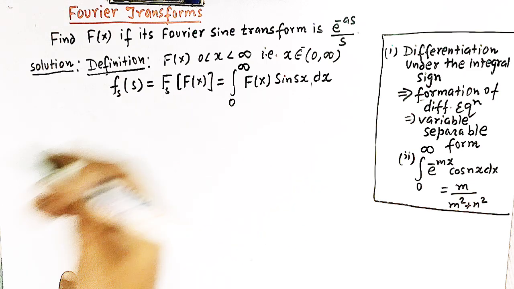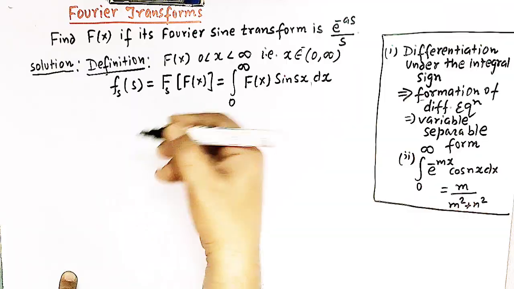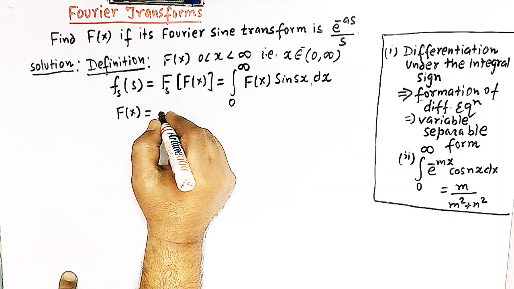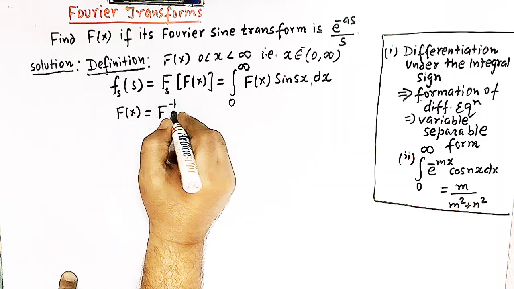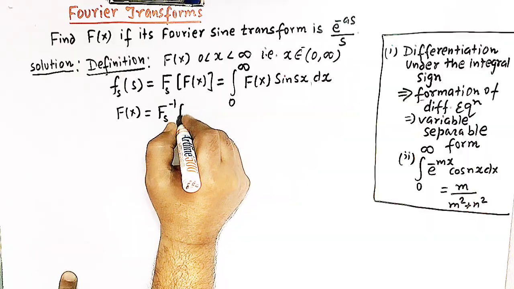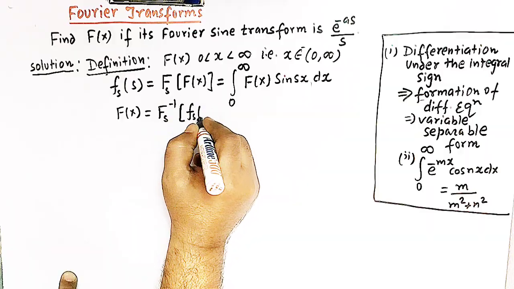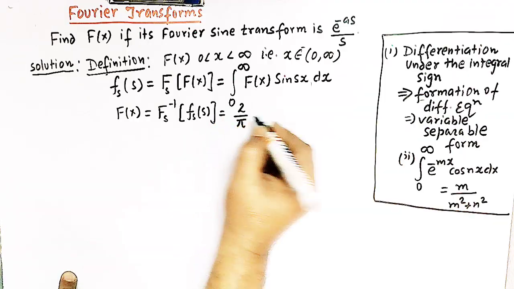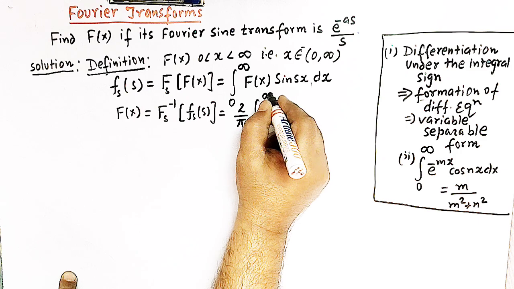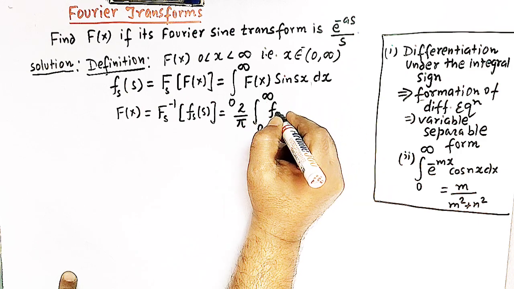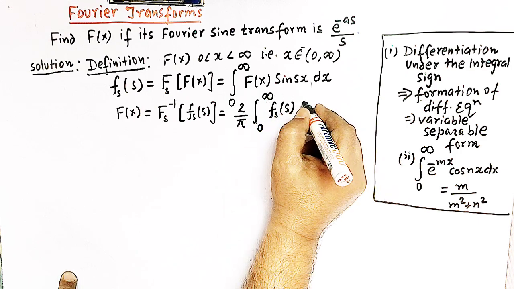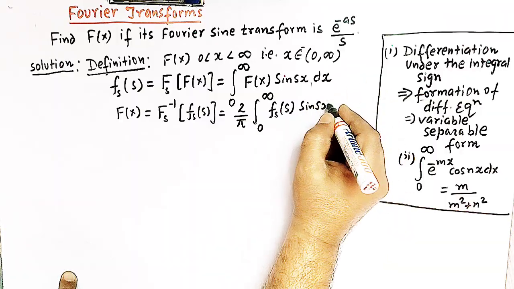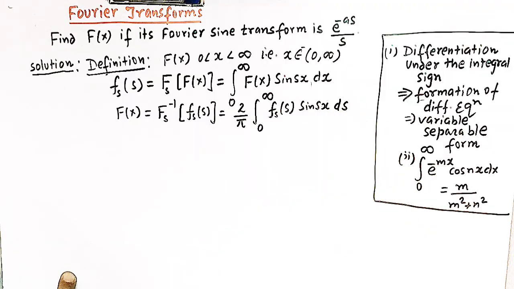And the inverse Fourier sine transform is given by f of x equal to inverse F sub s of F sub s of s, which is the coefficient 2 over pi times the integral from 0 to infinity of F sub s of s sine s times x ds.